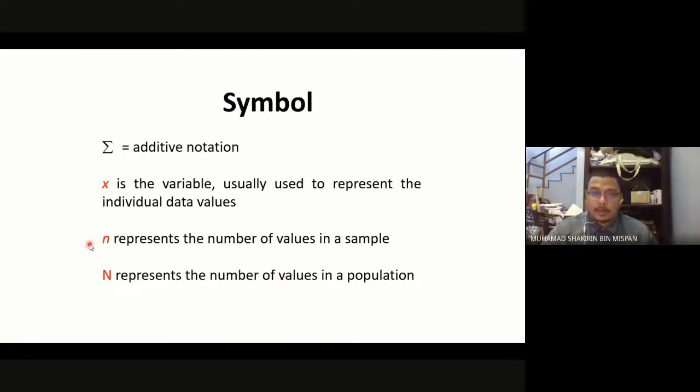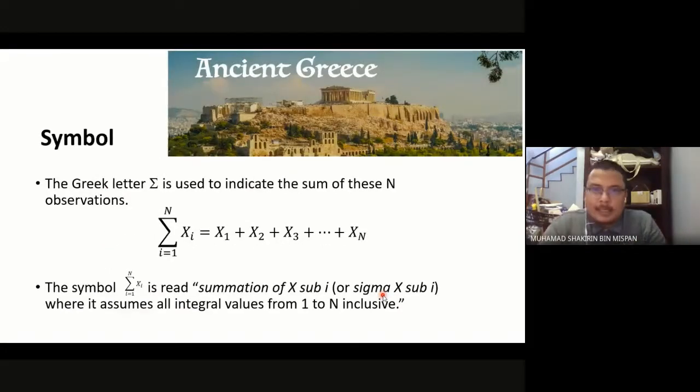So small n is for the sample, capital N is for the population. I don't know why they love Greek, but most of the notations are from Greek letters. The Greek letter summation is used to indicate the sum of the n observations.